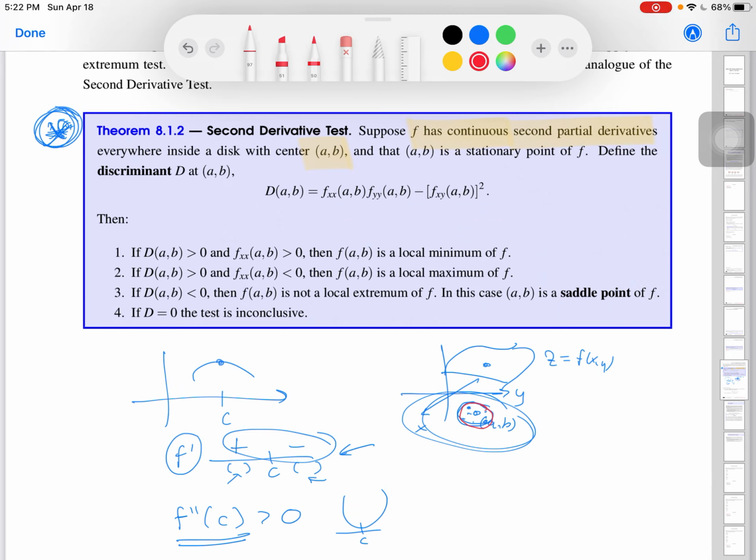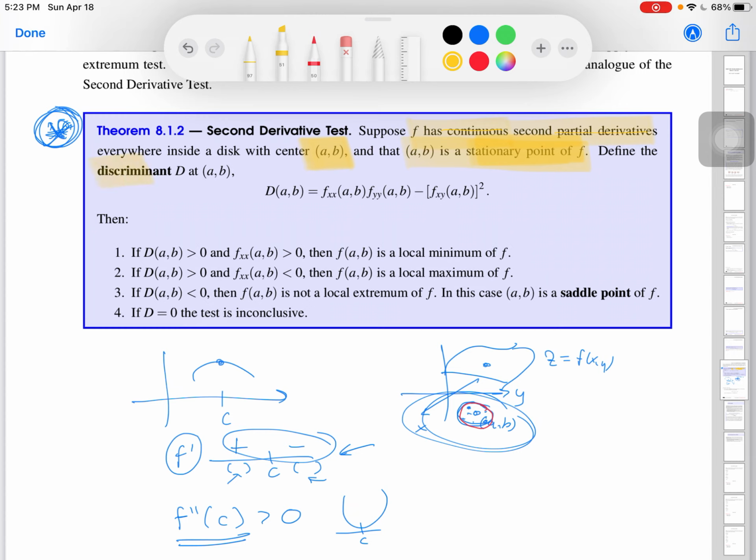Suppose that I have that continuity and that I can differentiate enough to find second derivatives near the point (a, b). Suppose also that (a, b) is a stationary point. So there's that terminology. Remember, stationary point means that fx and fy are both 0 at (a, b).